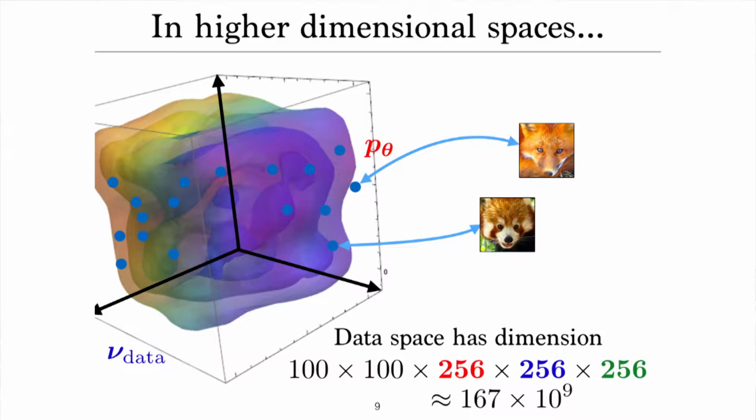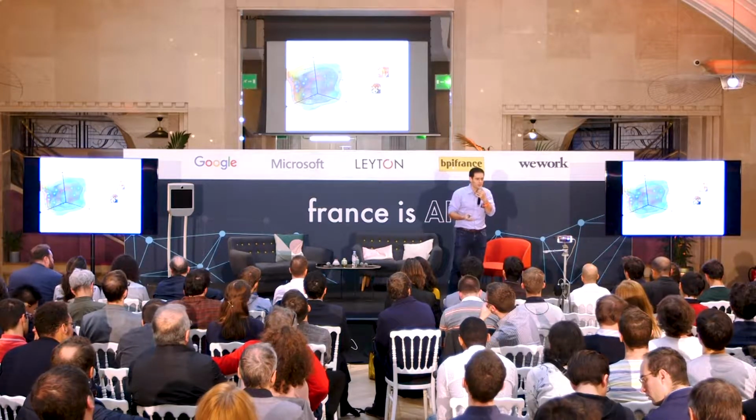This is what happens with images. Think about an image which is 100 times 100 pixels with 3 color channels, each coded by 256 values. All our images are at least this size. This is already a space of dimension 167 billion. So start imagining what it would look like just defining a Gaussian distribution on that space.